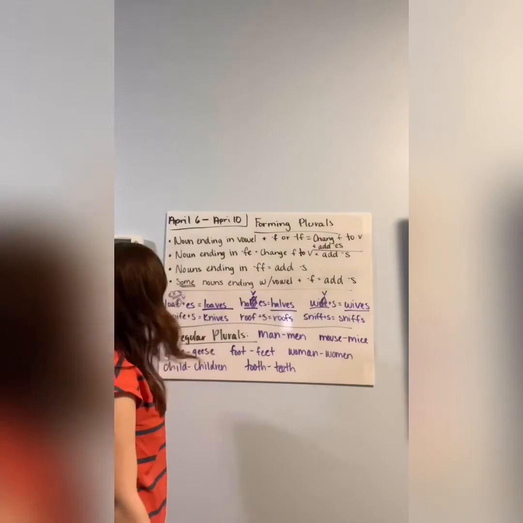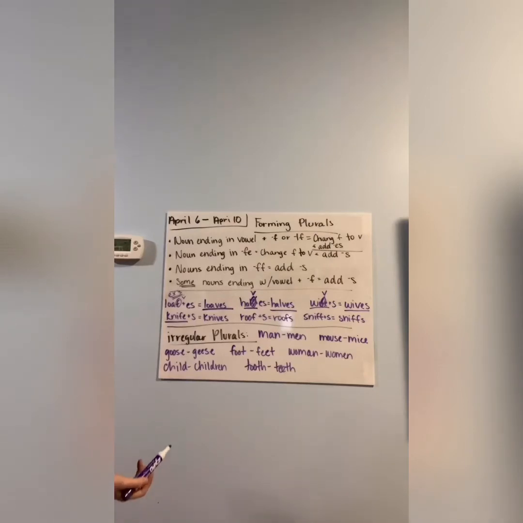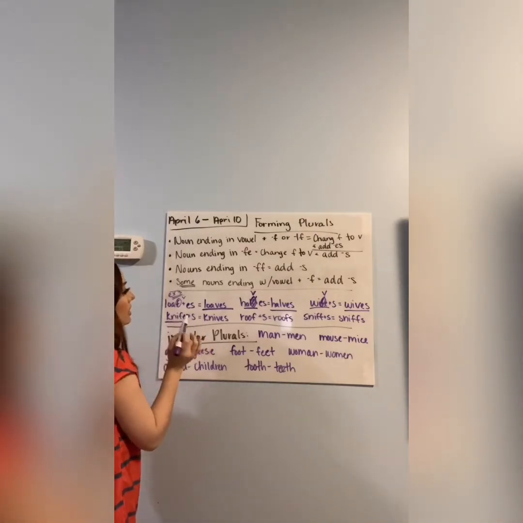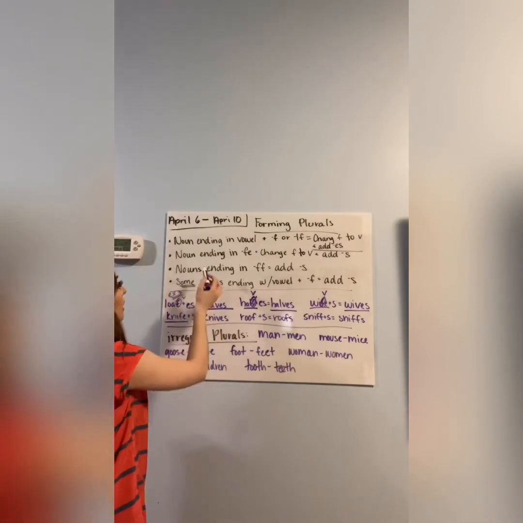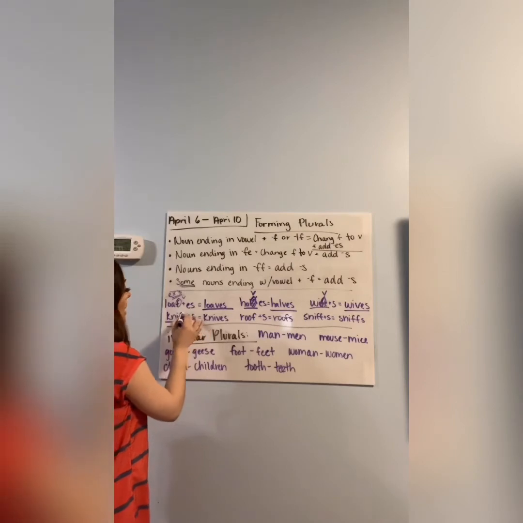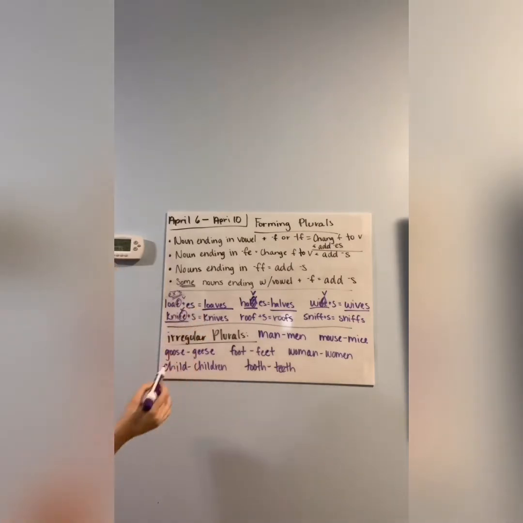So the same thing goes for the word knife. Our word is knife, that's our noun. If you look at this noun, knife, it also ends with an F-E. So it says whenever you have a noun that ends with an F-E, you would change that F to a V, and then you would just add an S to the word to make it plural.